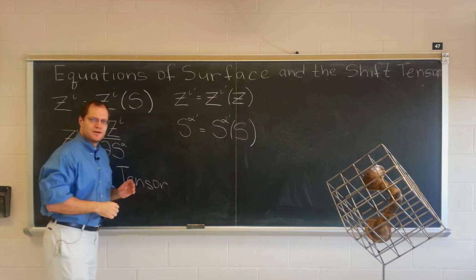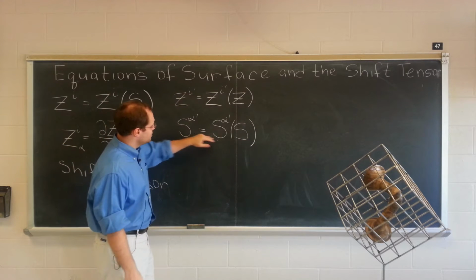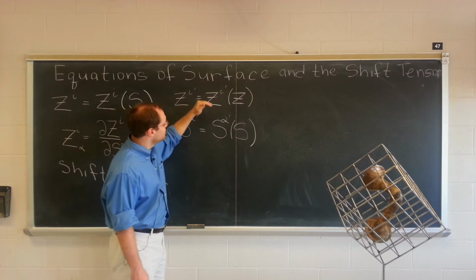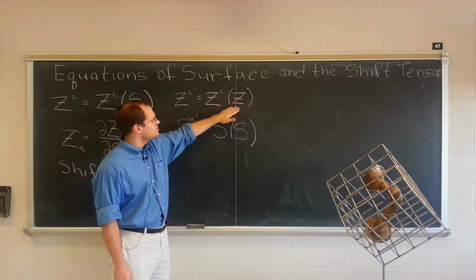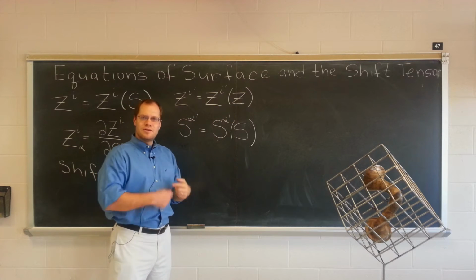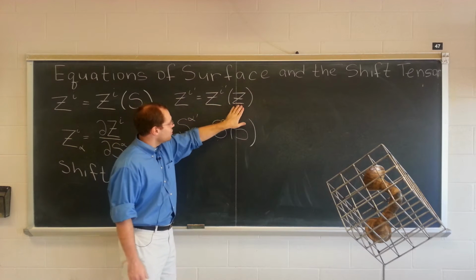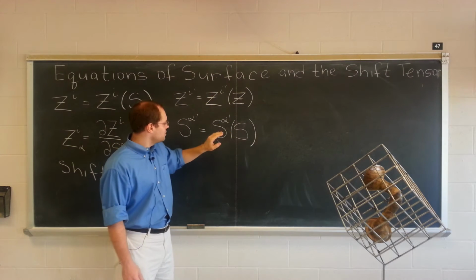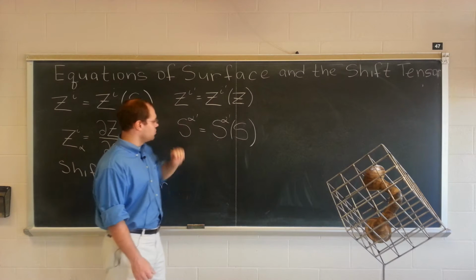We've been using the term old and new. The new coordinate system is somehow related to the old coordinate system. And of course, both of these relationships can be inverted. We can express the old coordinates in terms of new coordinates, and on the surface the same thing, the old coordinates in terms of the new coordinates.